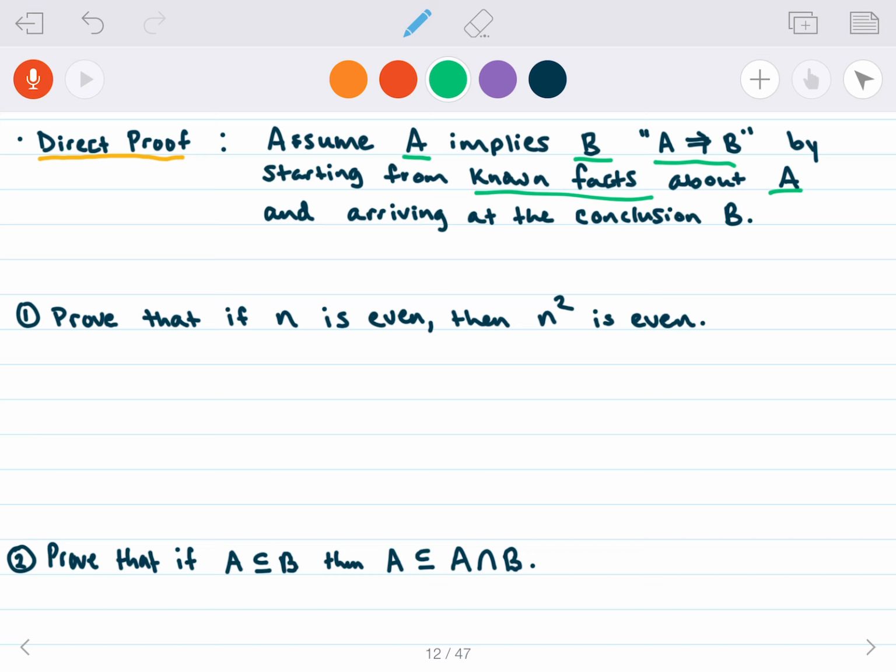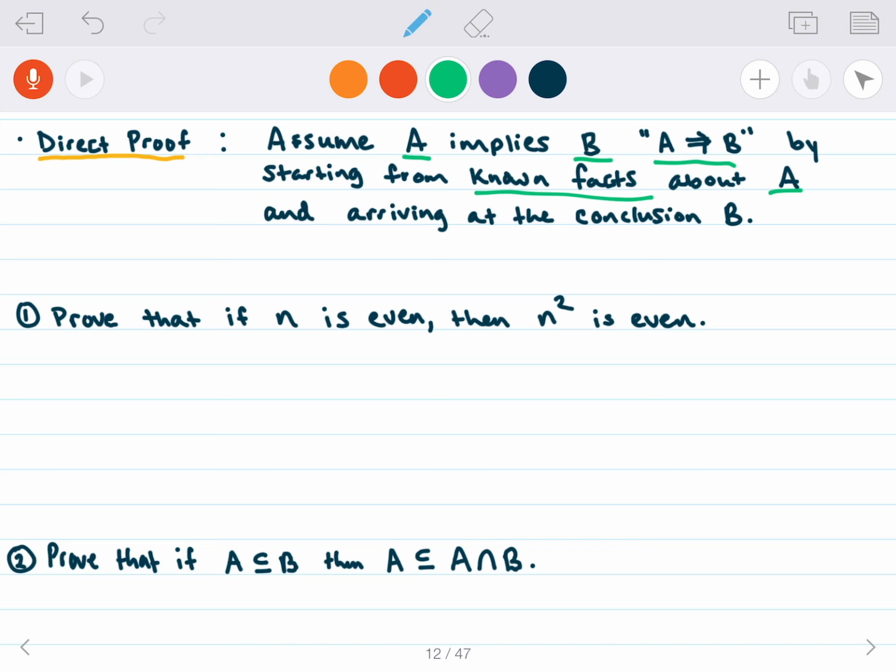It's kind of a creative process, because there's no formula for how to do it really. But let's try to do this as algorithmically as we can. So here's the first proof we're going to look at: if n is even, then n squared is even.